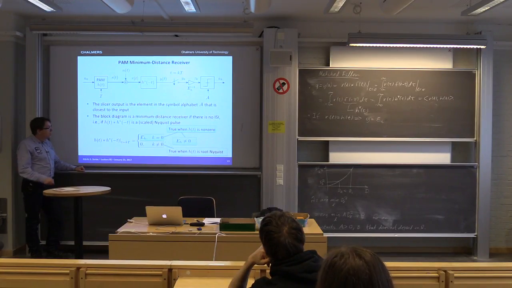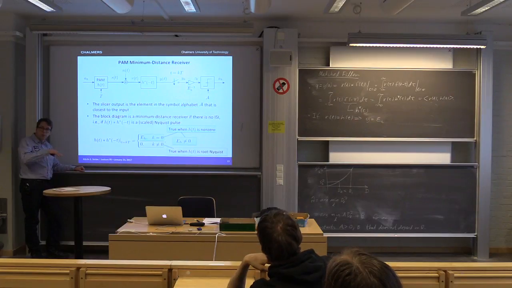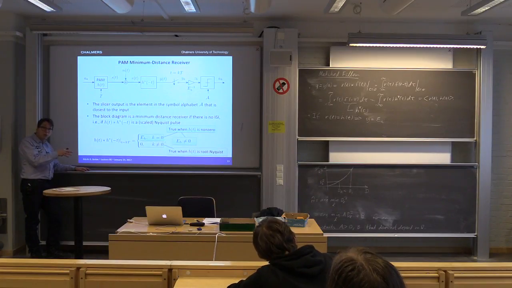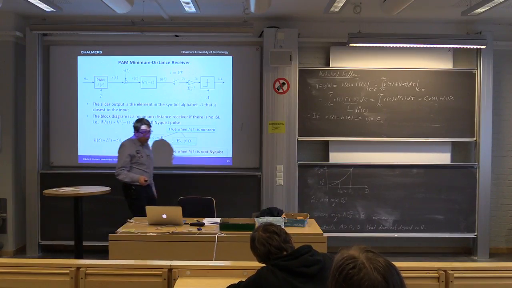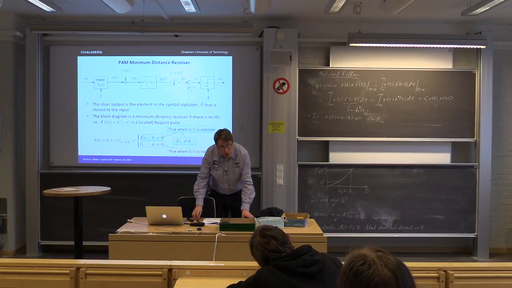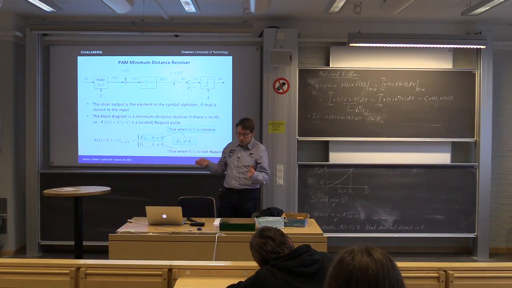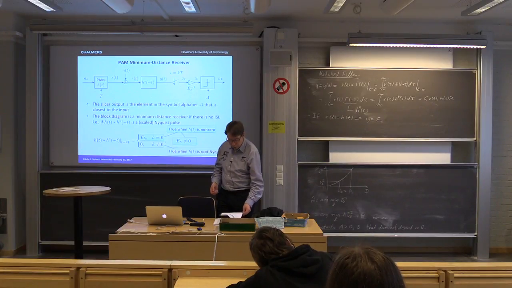Right. And this is true when h is a root Nyquist pulse that we started with in the first hour of the lecture today. All right, so let's prove this now. Because if we do, we know how to build actually the best receiver for pulse amplitude modulation.